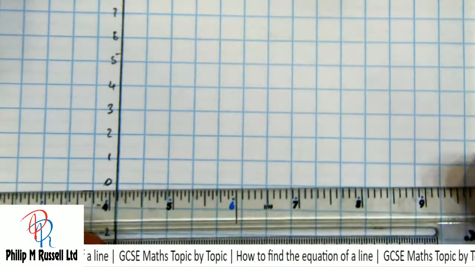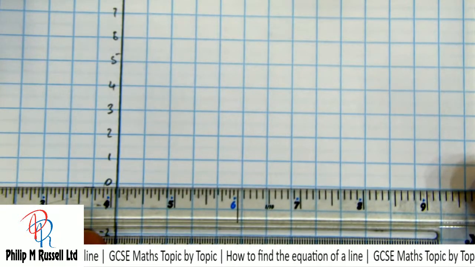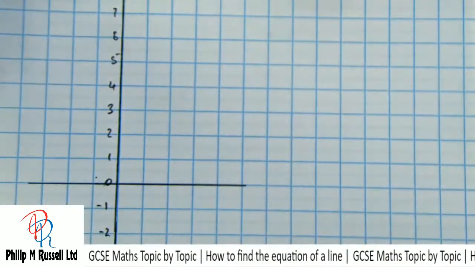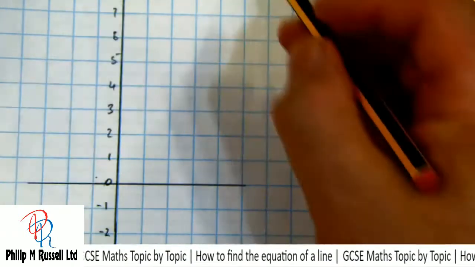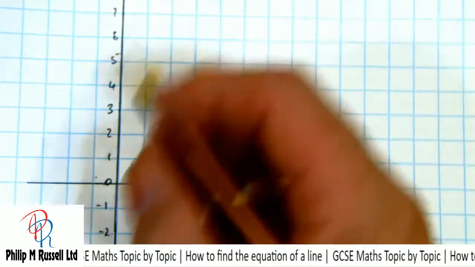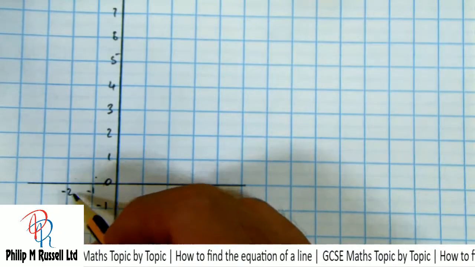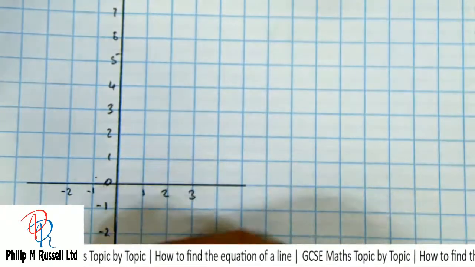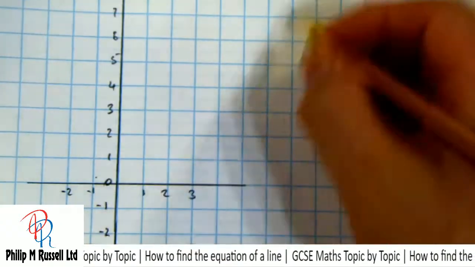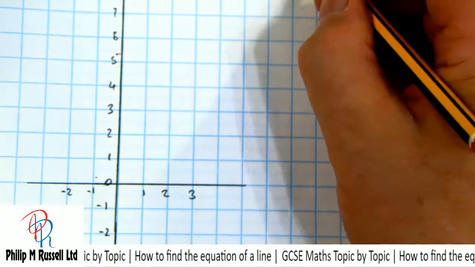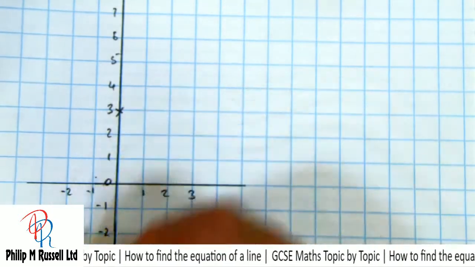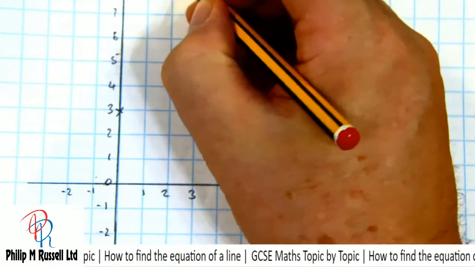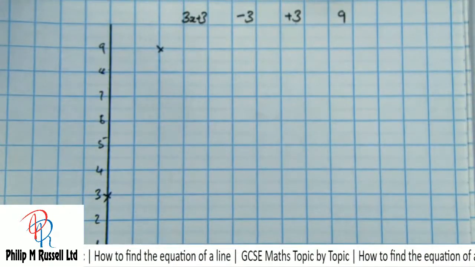And here I'm only going to go from minus 2 to plus 2, so it's not going to be a terribly wide graph. And at minus 2, we're going to have minus 3. At 0, we're going to have plus 3, and at 2, we're going to have plus 9 right up there.